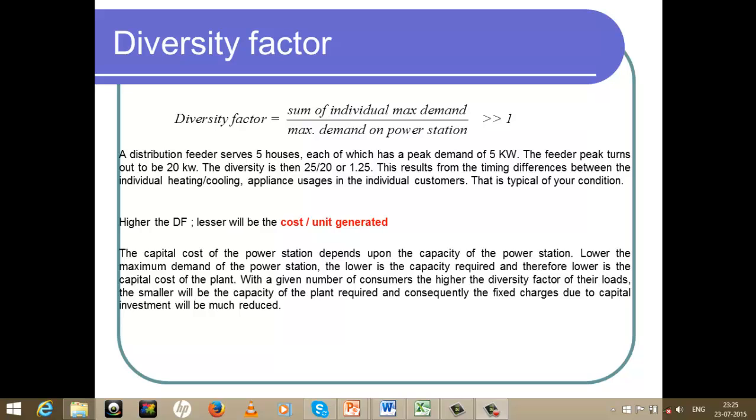Lower the maximum demand of the power station, lower is the capacity required and therefore lower is the capital cost of the plant. With a given number of consumers, the higher the diversity factor of their load, the smaller will be the capacity of the plant required and consequently the fixed charges due to the capital investment will be much reduced.